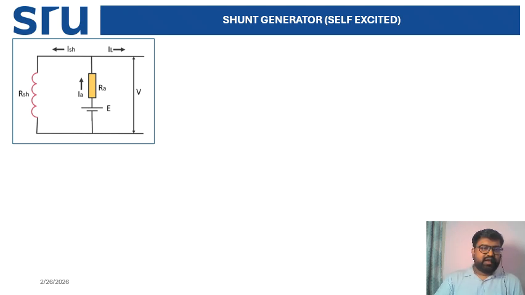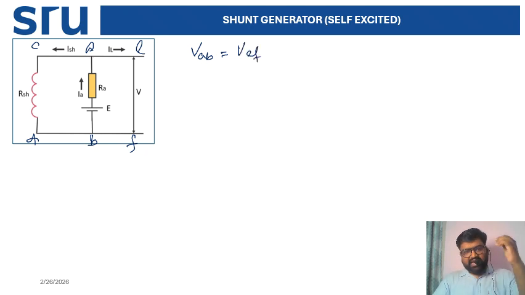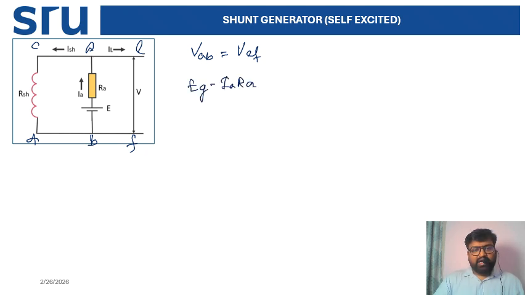Here I mentioned the points A, B, C, D, and E, F. Now we relate VAB equal to VEF, the load. Then the equation we write is EG minus IA into RA minus EB equal to VEF.